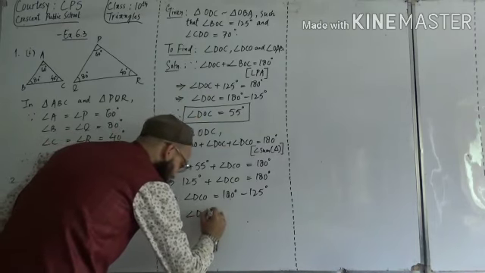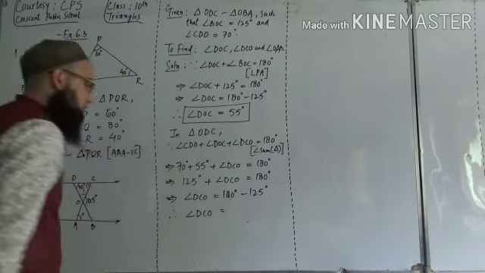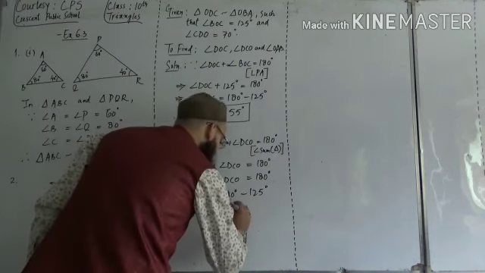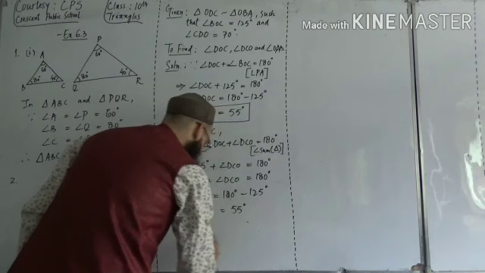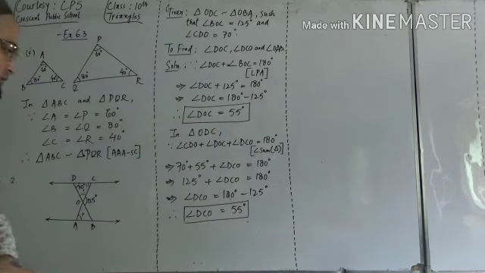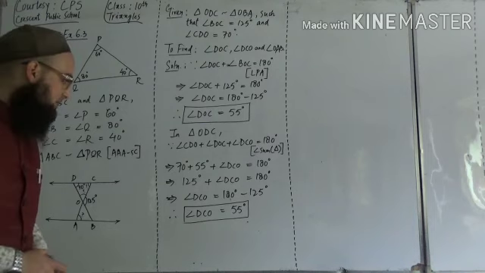Therefore, angle DCO is equal to 55 degrees. So DCO is also 55 degrees.